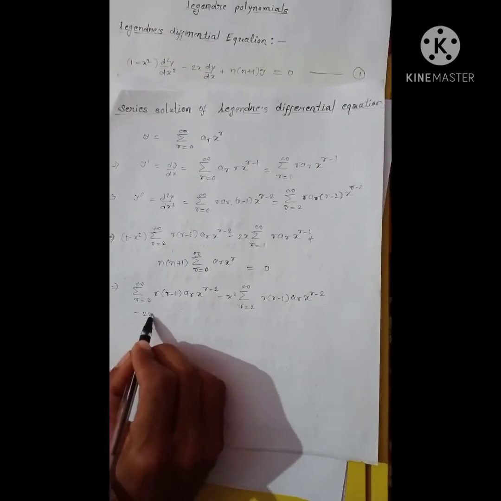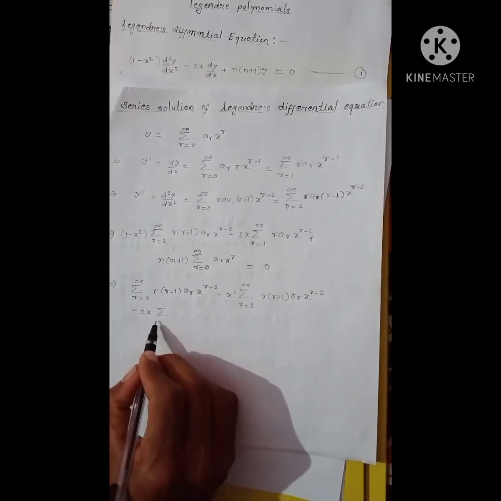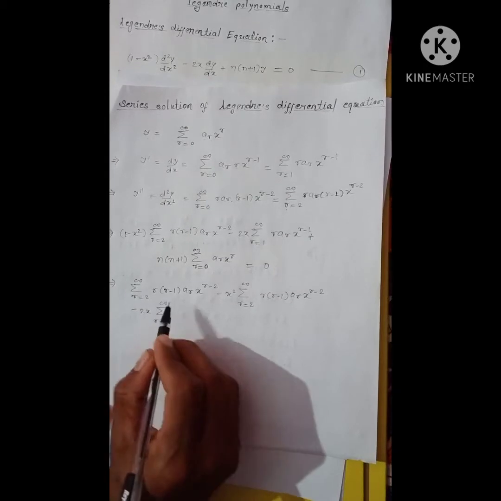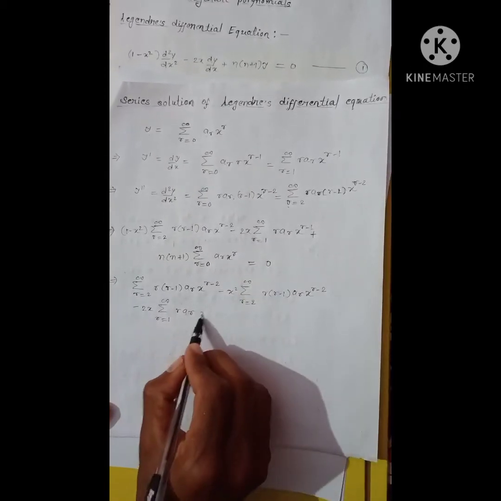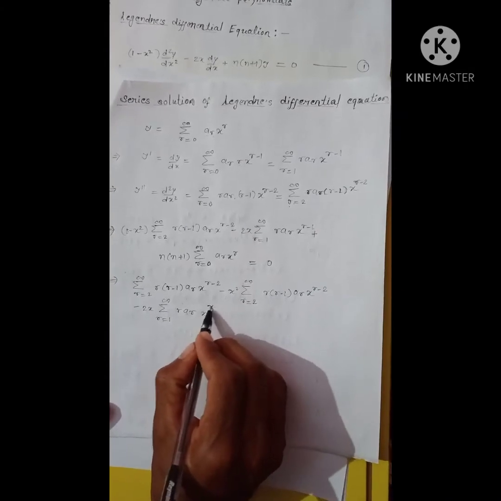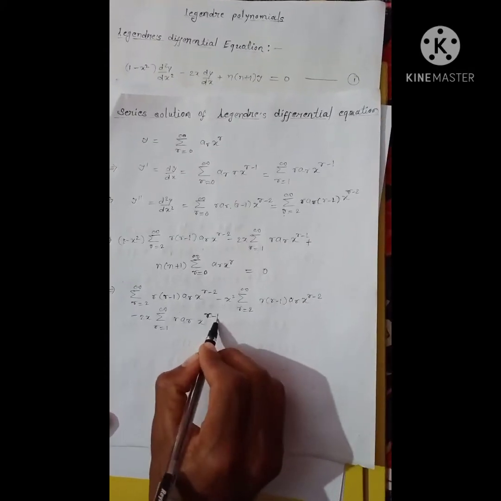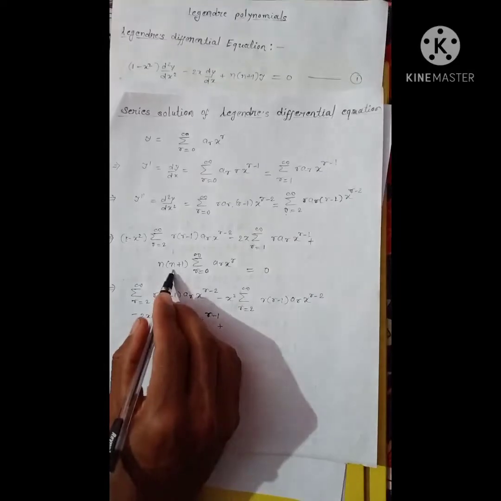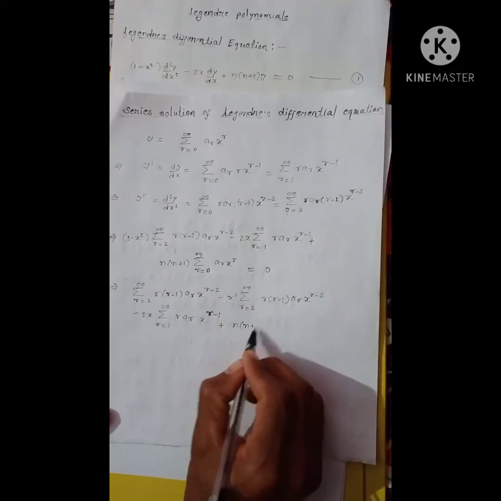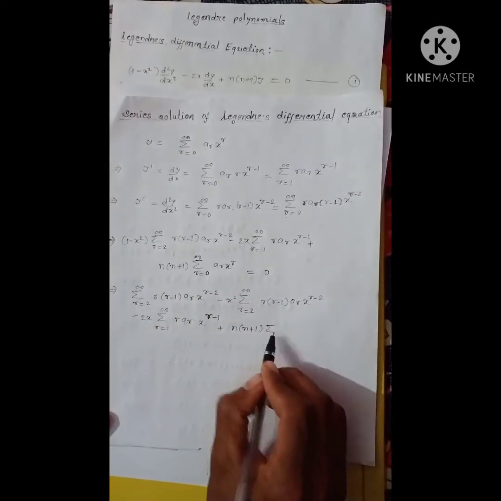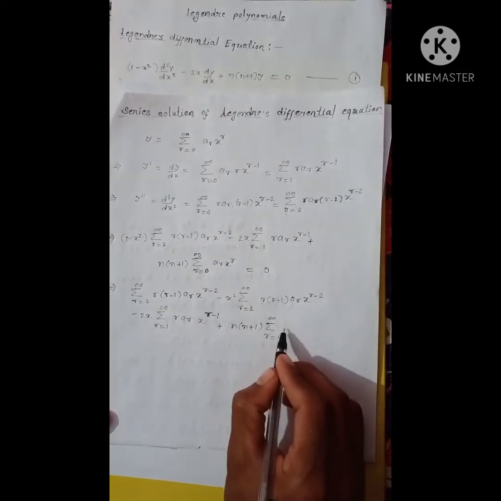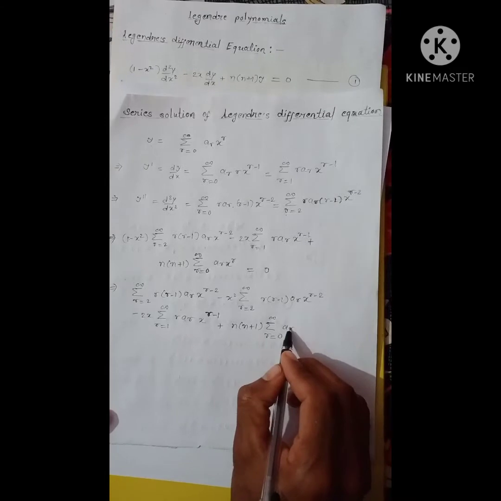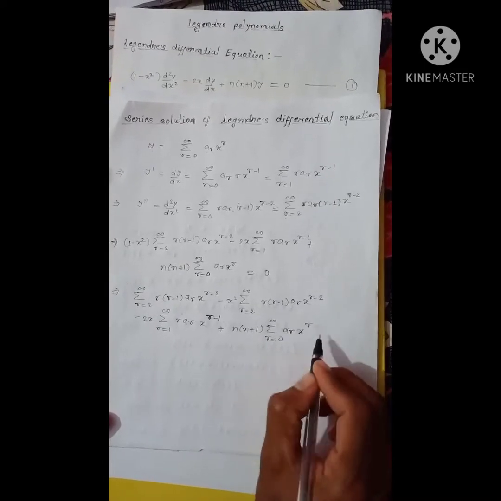So minus 2x into summation r equal to 1 to infinity r ar into x power r minus 1 and plus n into n plus 1 into summation r equal to 0 to infinity ar into x to the power r equal to 0.